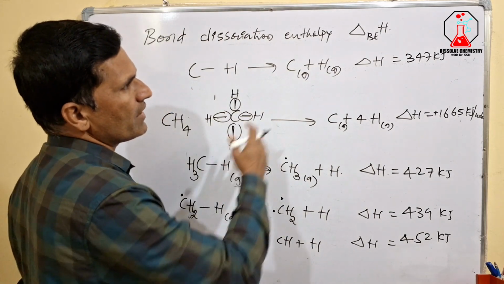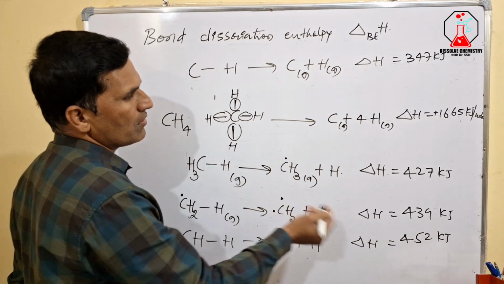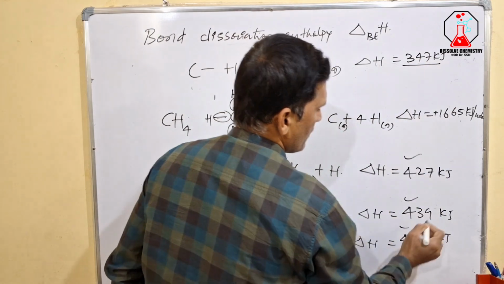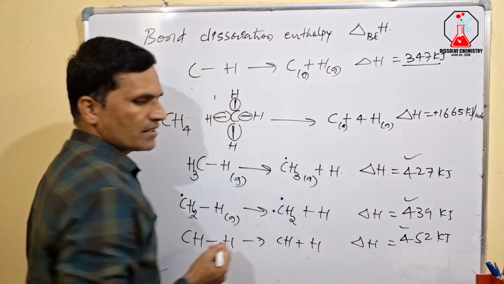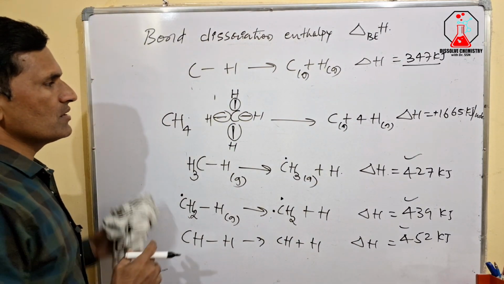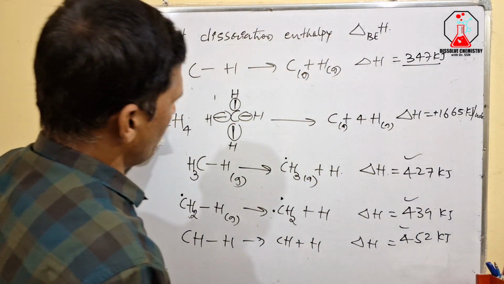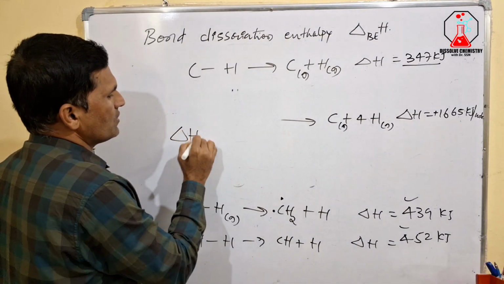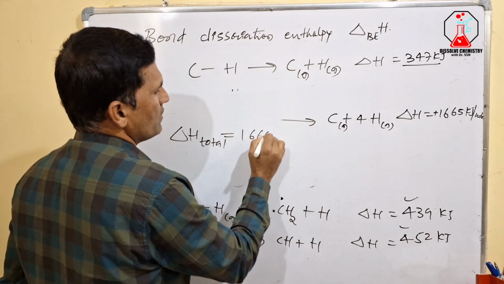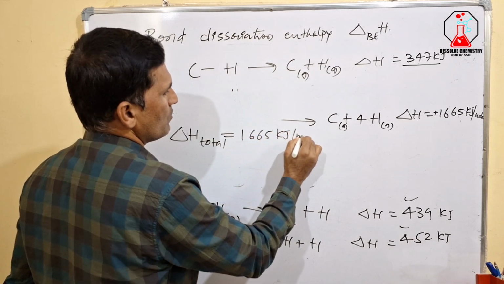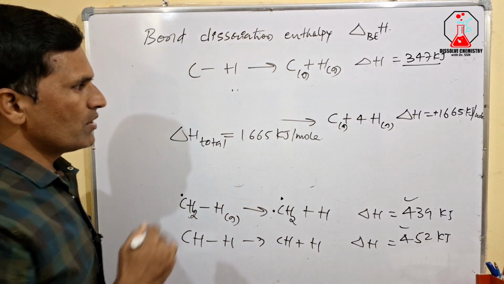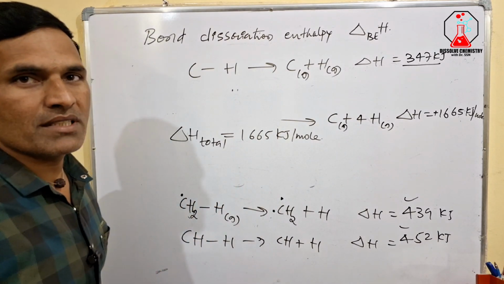So now we will take the average when you add all these 4 energies. Then what will we get? 1665 is the total energy. So how does the average become? You just divide that by 4. See here, delta H total is equal to 1665 kilojoules per mole for all the 4 bonds to break. But per CH bond, how much energy?